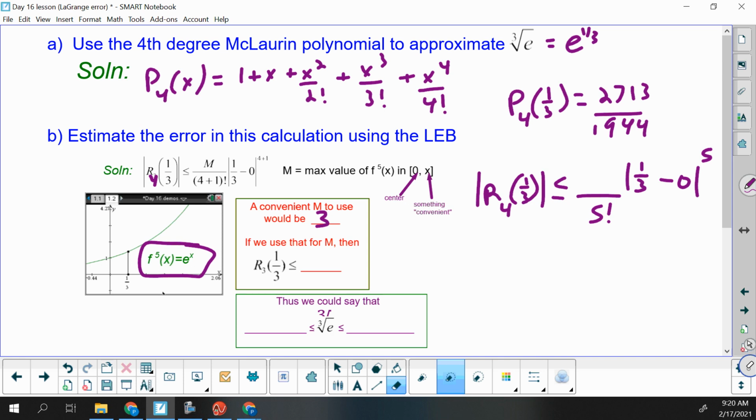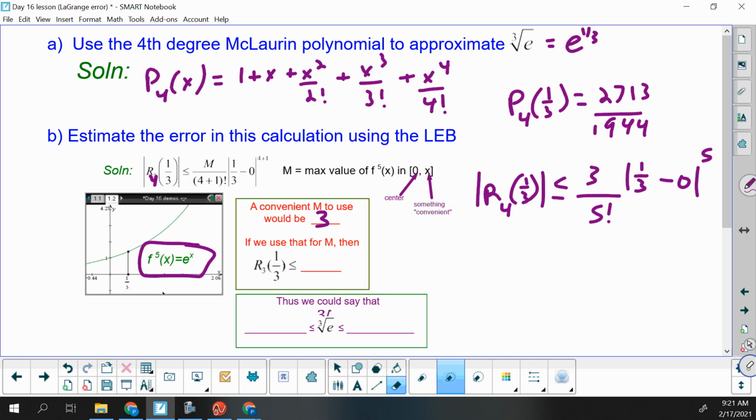e's, sines, and cosines are pretty easy. But say we had something like 1 over x, you would have to do out 5 derivatives and then think about on your interval what would be the upper bound of that. So this is our fifth derivative, e to the x, and an upper bound on the interval that would be nice would be 3.